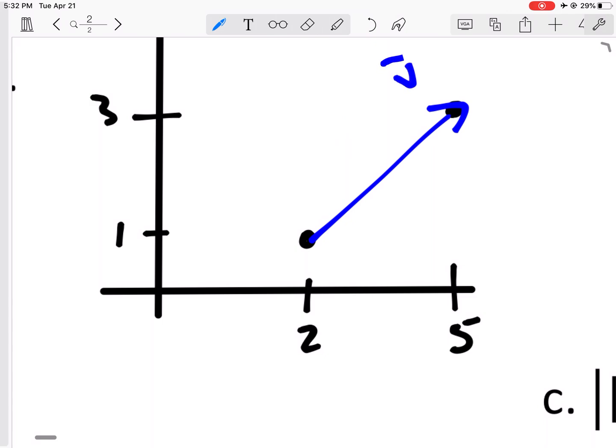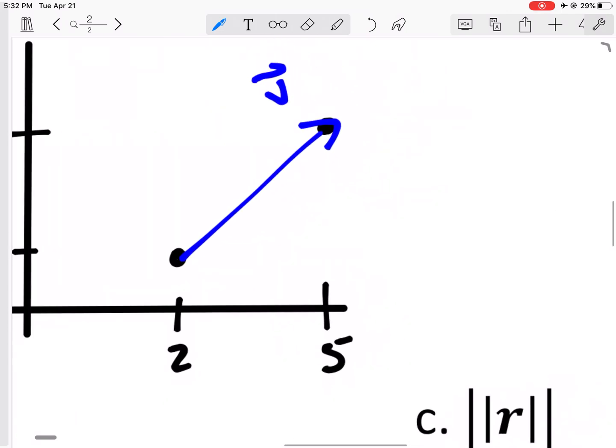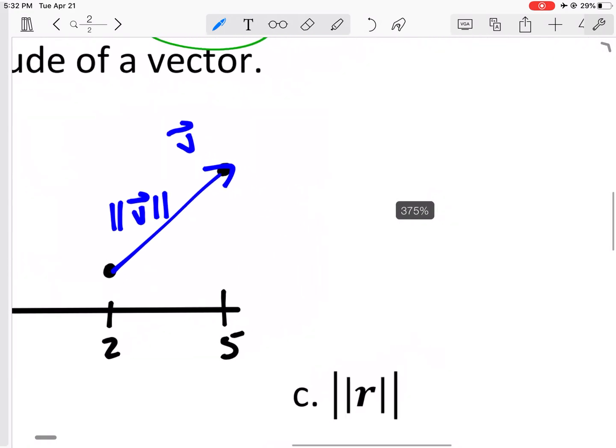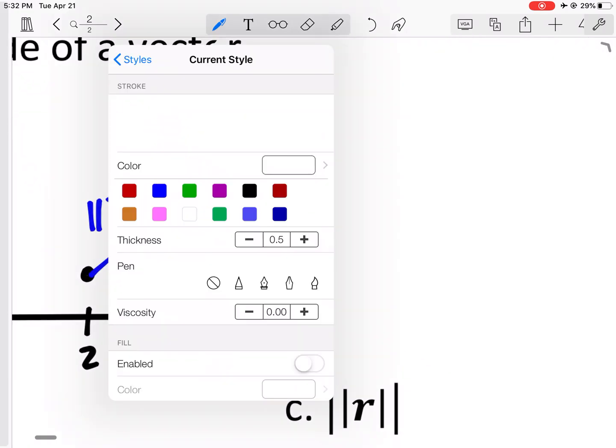I'll put the v up here. This length of it, that is the magnitude of v, from where it starts to where it ends. We want to be able to calculate that magnitude. This should look really similar to the work we did with complex numbers in polar form.